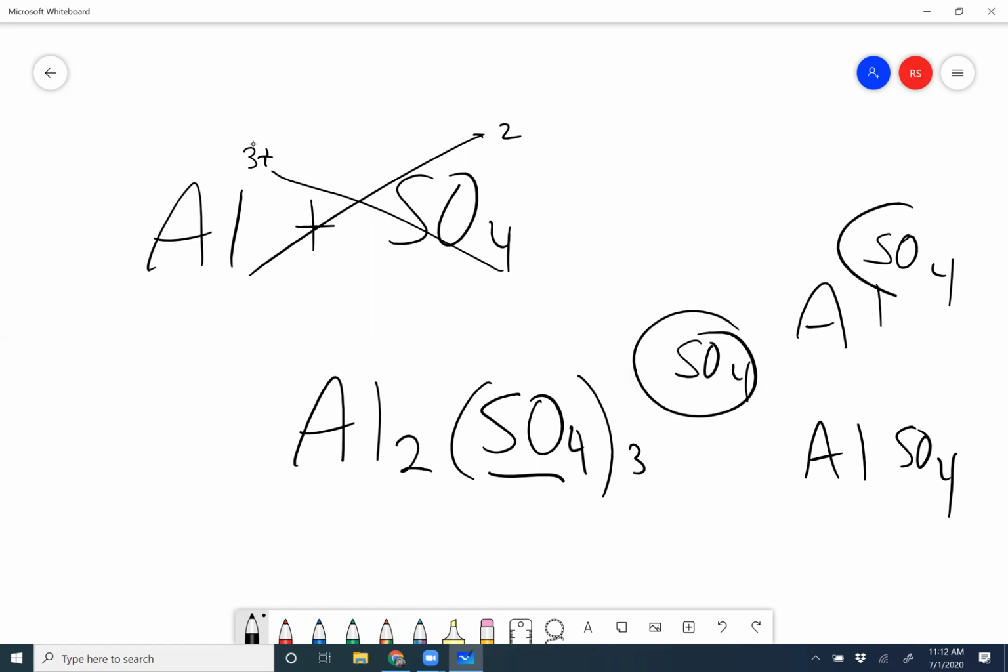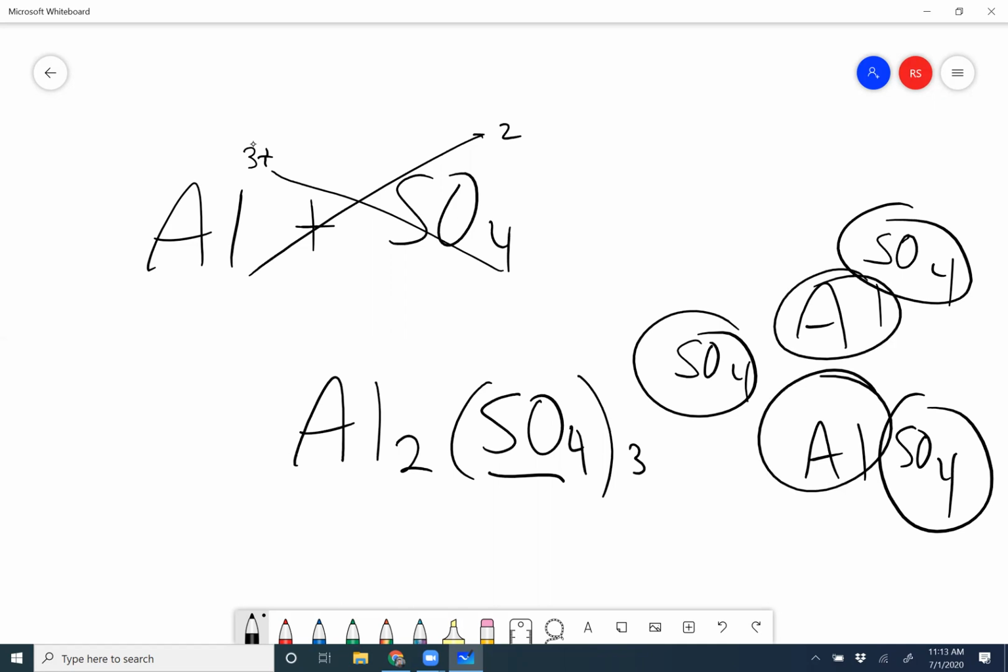They wouldn't be split up into individual atoms. They would be stuck together as SO4. So that's how that works. Those are polyatomic ions.